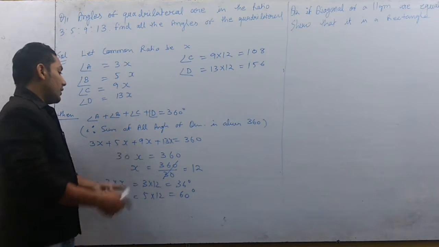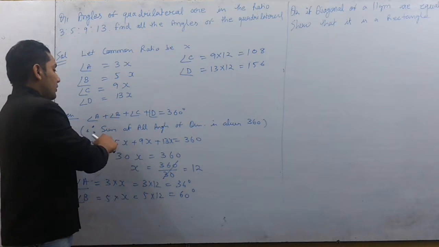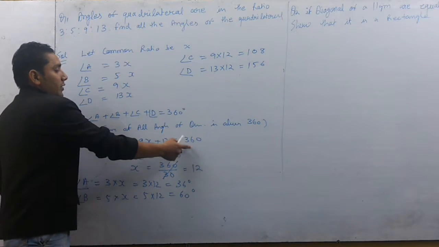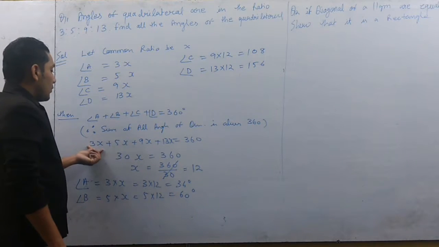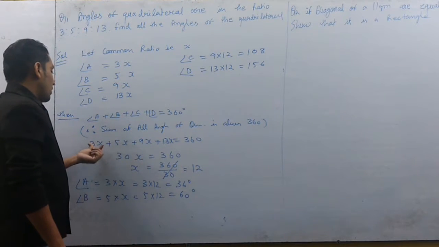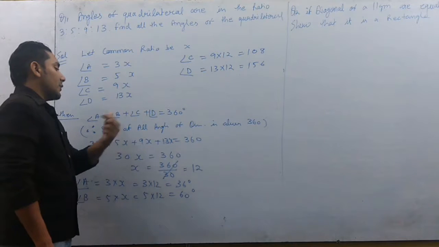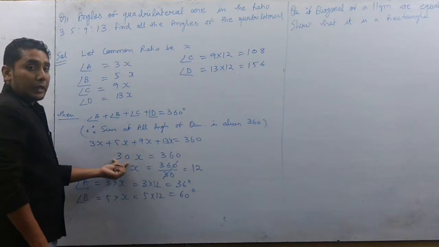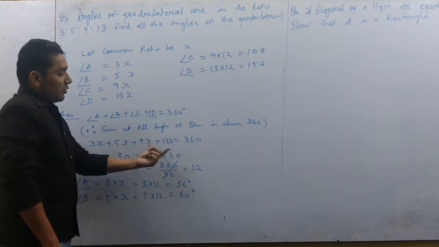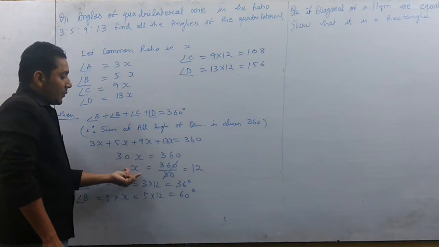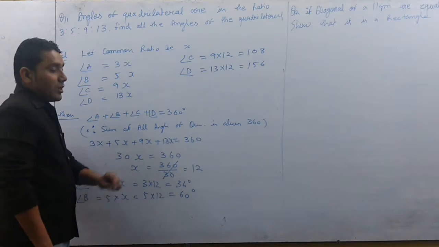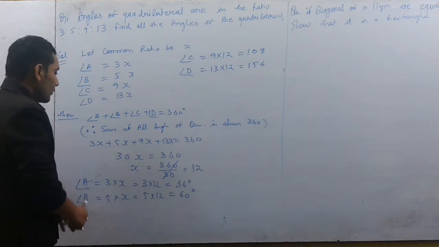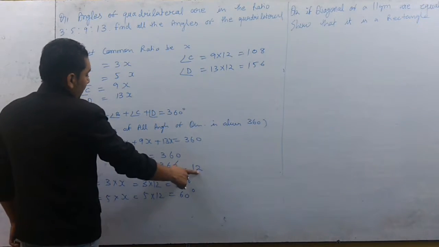The sum of all angles is 360 degrees. Then sum all these x: 3x plus 5x plus 9x plus 13x becomes 30x. 30x is equal to 360. Then x becomes 360 upon 30, so x becomes 12.